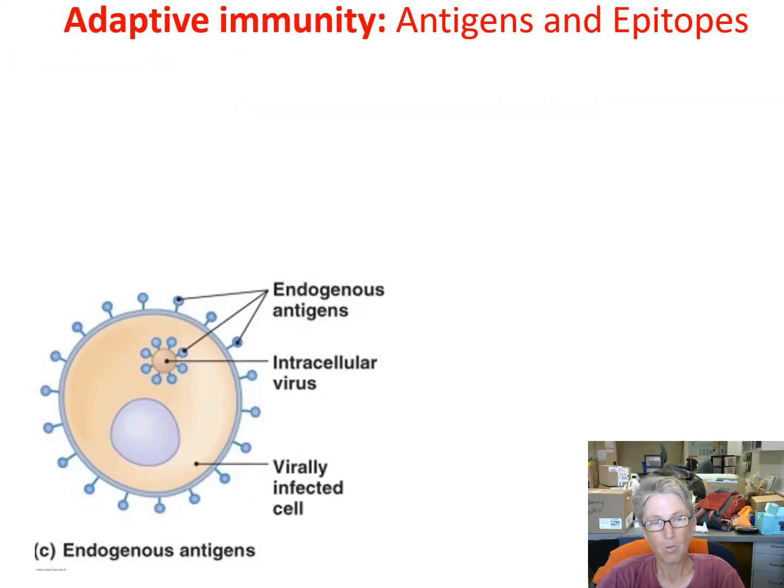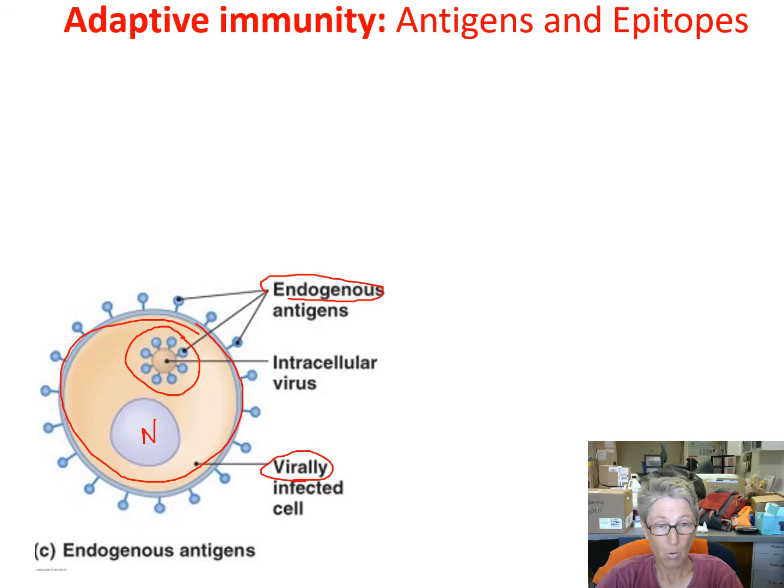So in contrast to exogenous antigens, you have endogenous antigens. So here's one of your cells in your body. There's the plasma membrane, there's your nucleus. This is a virally infected cell. So the virus got into your cell. Now it's an intracellular virus with its epitopes and antigens.